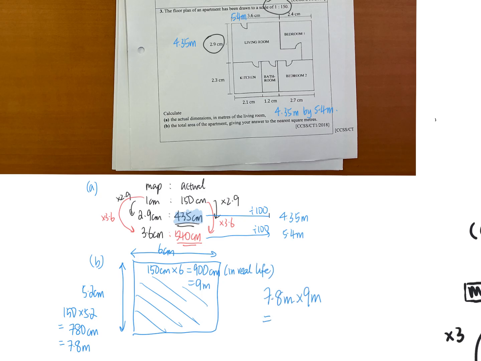So 7.8 times 9, 70.2 meters square. Okay? So for part B, if you don't want to change to area scale, you don't need to. You just go and change your length and breadth accordingly, then calculate area. Also can.